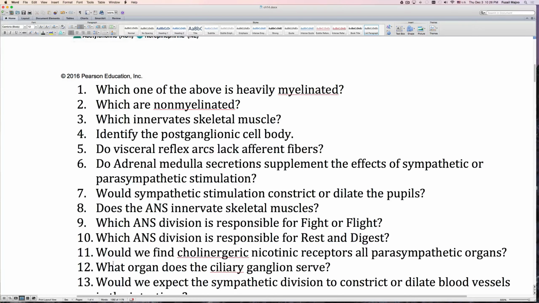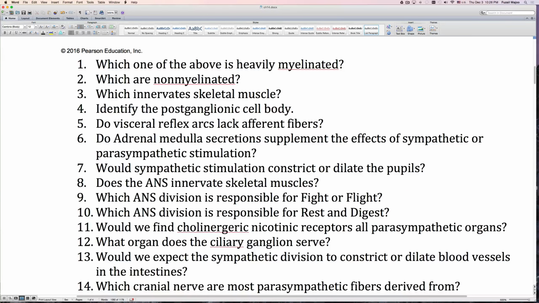Number 12, what organ does the ciliary ganglion serve? Number 13, would we expect the sympathetic division to constrict or dilate blood vessels in the intestines?